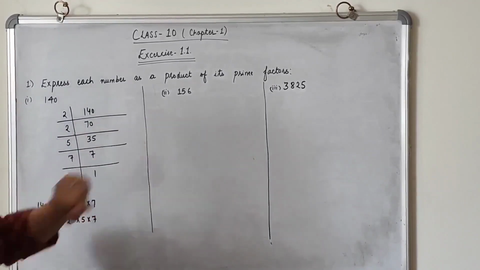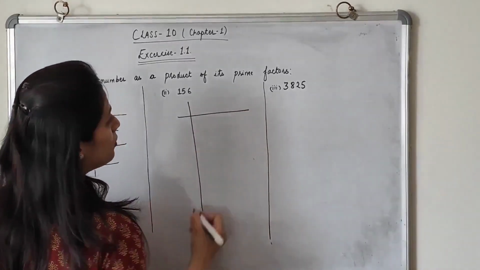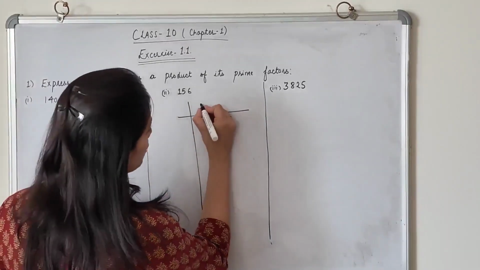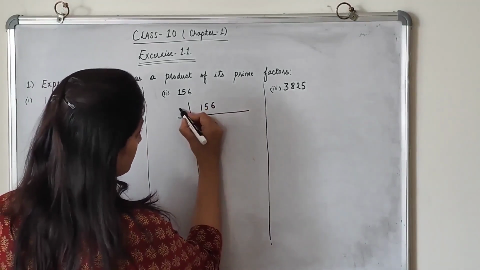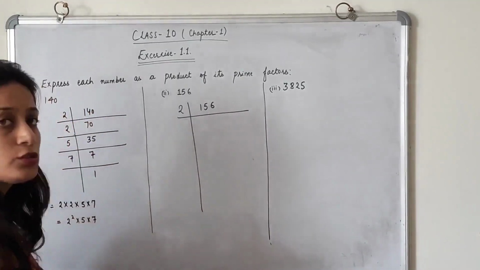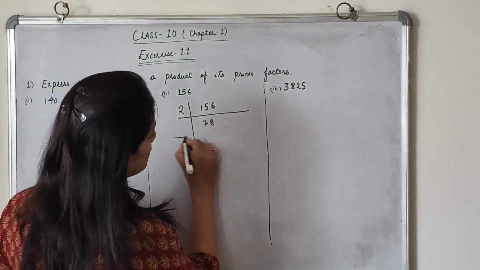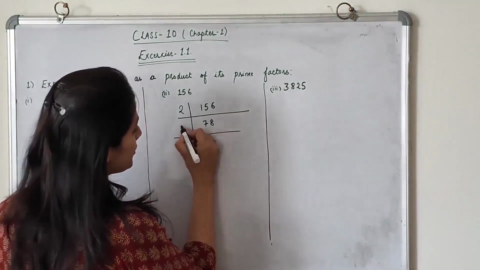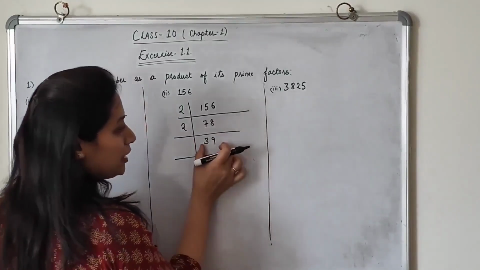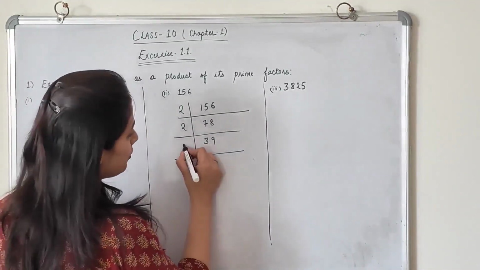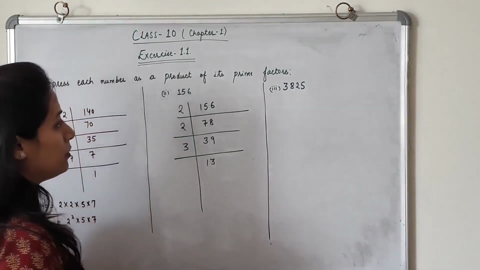So next part is 156. Same way we are going to do prime factorization of 156. 156 is divisible by 2, which gives 78. Again 78 is divisible by 2, which is 39. 39 is divisible by 3, which gives 13.